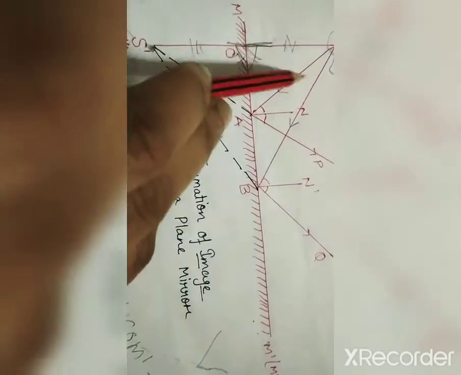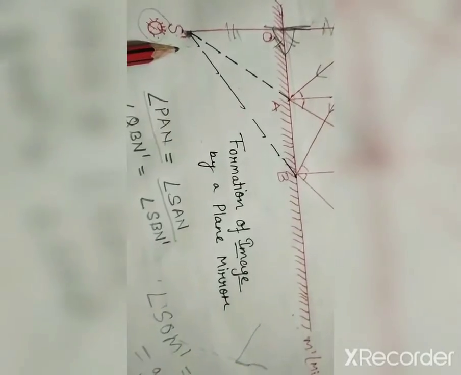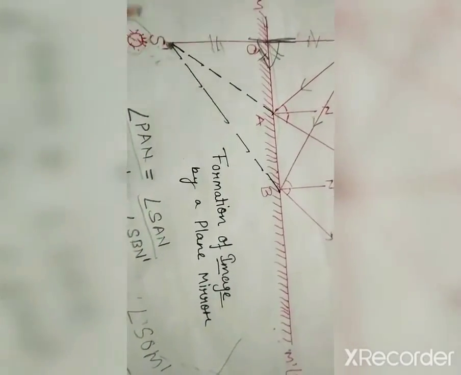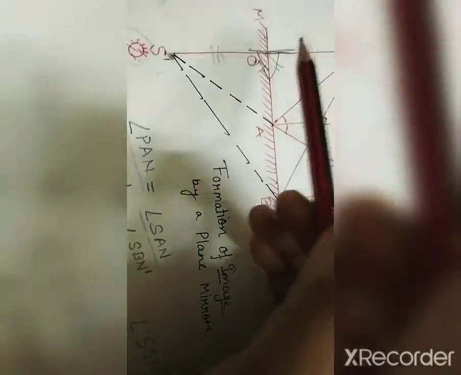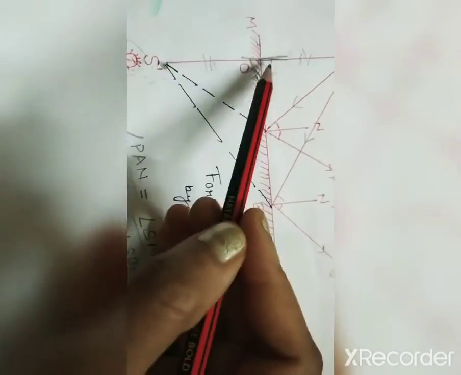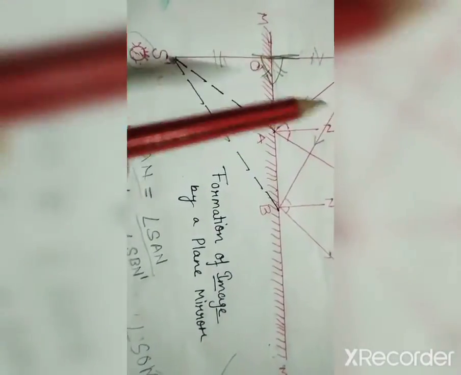The line SS dash bisects the plane mirror, it cuts the plane mirror, because SO is equal to OS dash. These two are equal to each other, so it bisects it at this point.